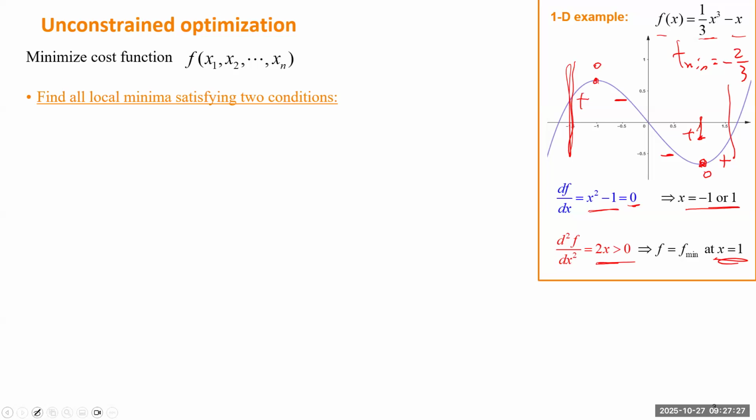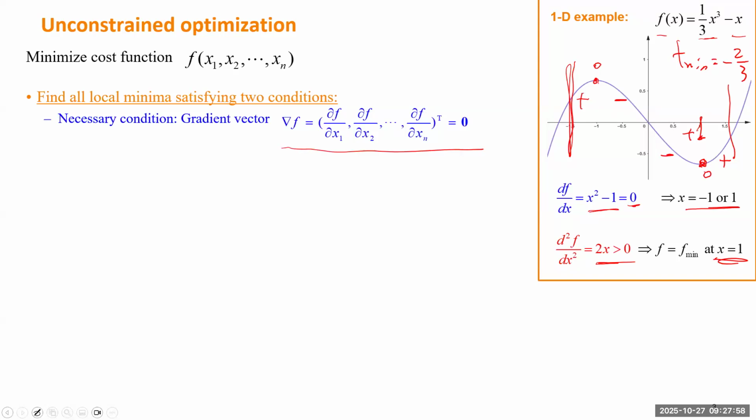The first step is we want to find the local minimum that satisfies 2 conditions. The first one, a necessary condition, is that the minimum has to be a stationary point. Stationary point means it's flat locally. The slopes in all directions have to be 0. This is formulated by this equation, which is the gradient vector.